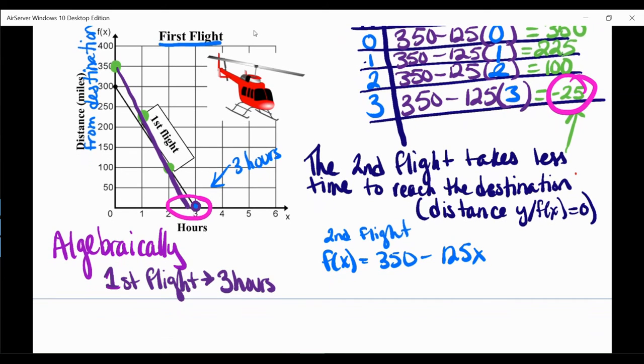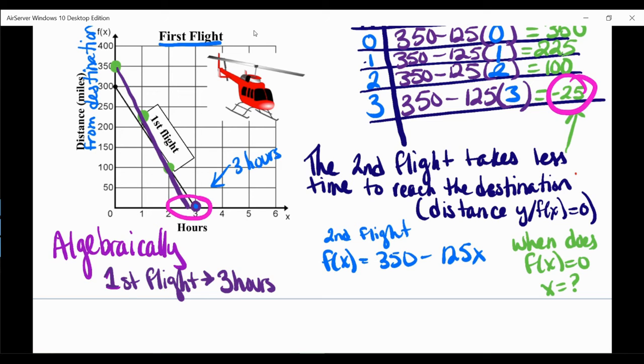So algebraically, we can find the value of x that makes this function equal to 0. So we want to find out, when does f of x equal 0? What does that x value equal? How many hours does it take for the distance to be 0?